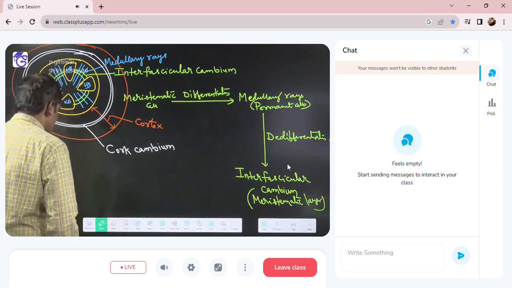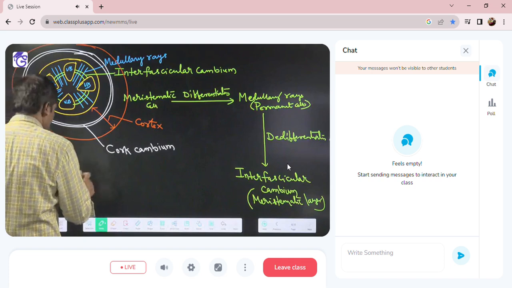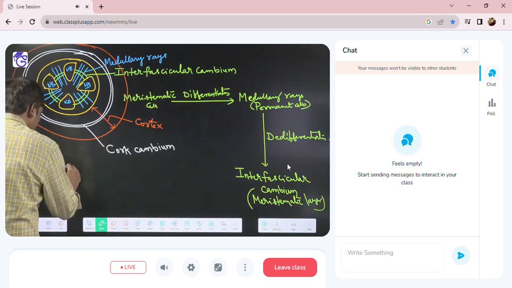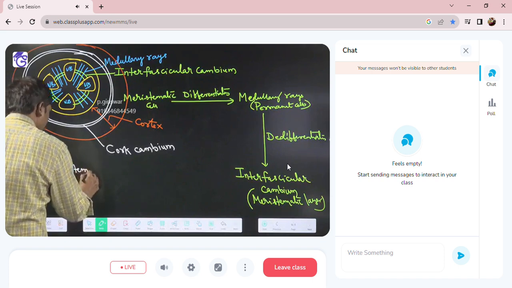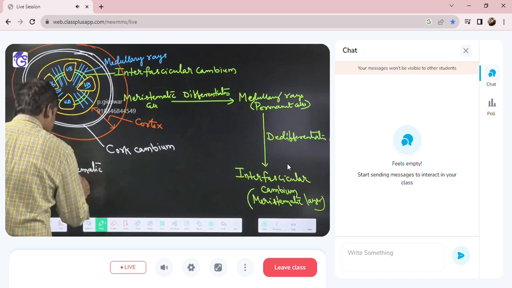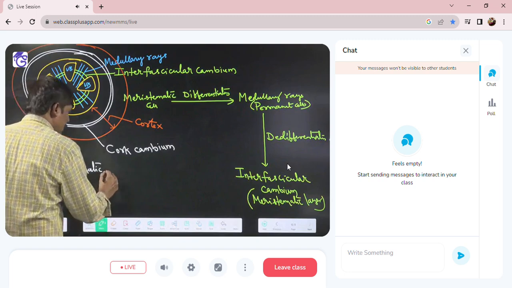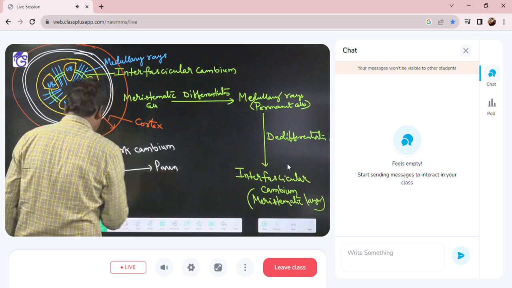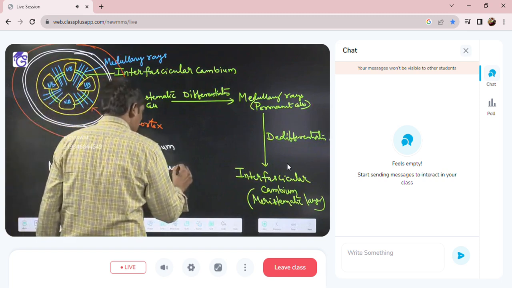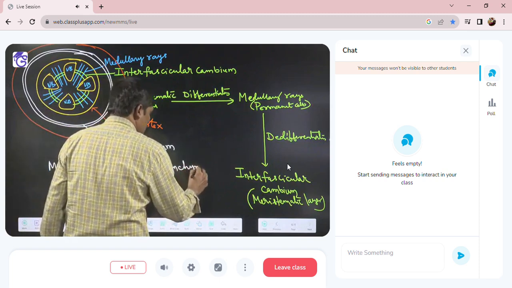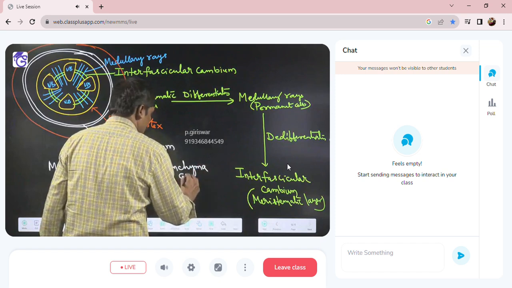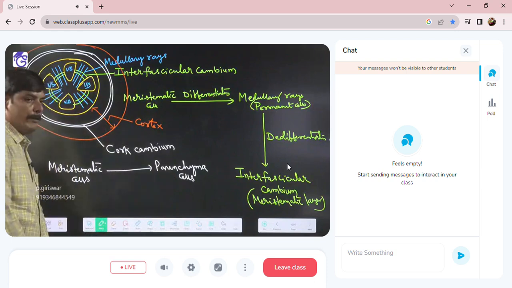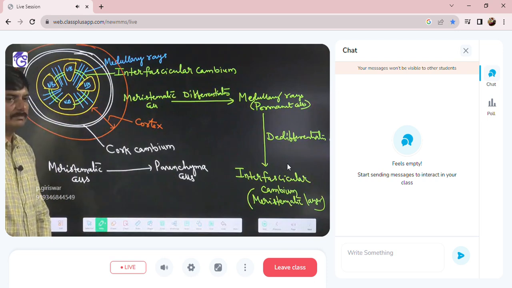For example, see, meristematic cells become parenchyma cells.